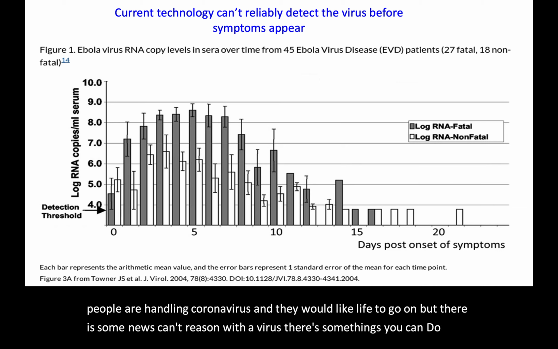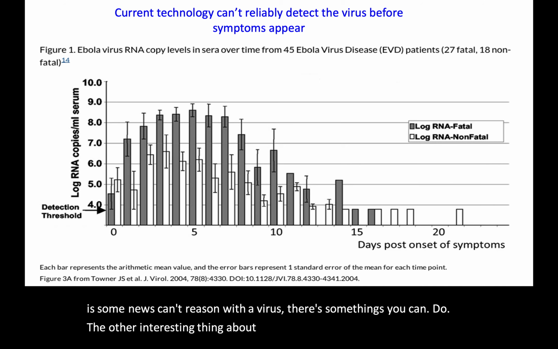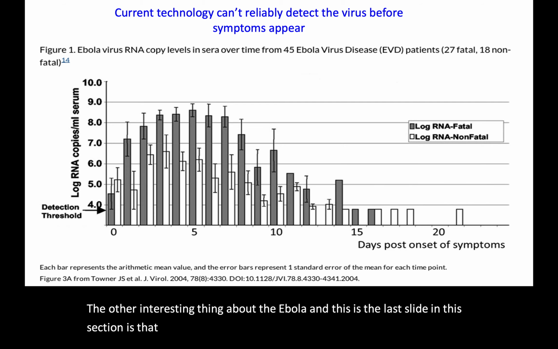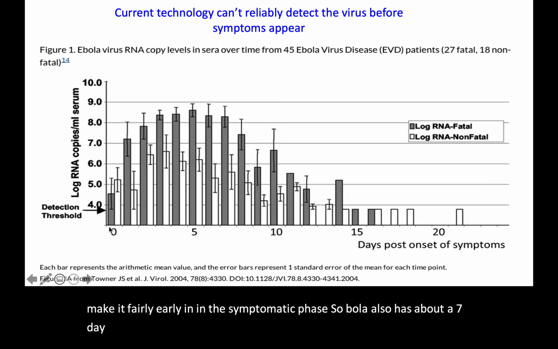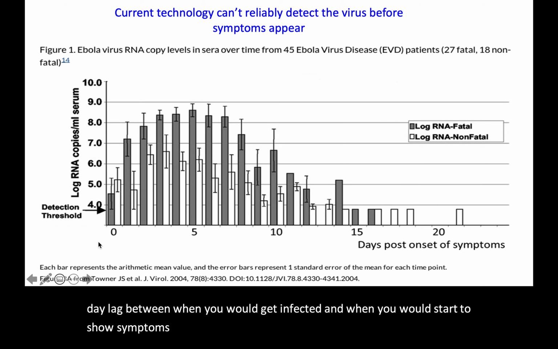The other interesting thing about the Ebola, and this is the last slide in this section, is that you would be able to tell who is going to make it or not make it fairly early in the symptomatic phase. So Ebola also has about a 7-day lag between when you would get infected and when you would start to show symptoms. It's something like 3 to 10 days, but pretty similar to coronavirus.